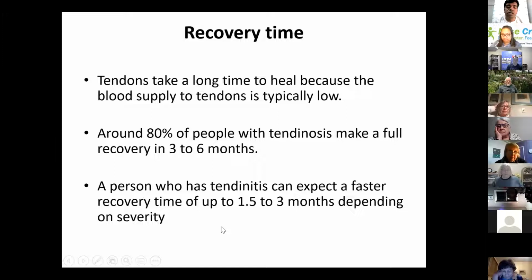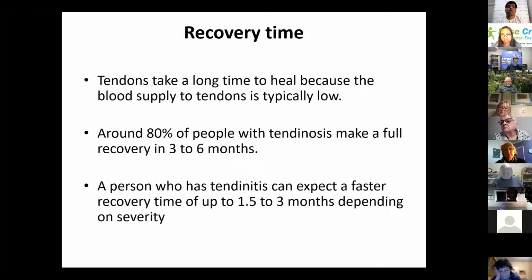In tendinitis, the recovery is faster. It can be recovered within 1.5 to 3 months, whereas tendinosis takes 3 to 6 months. But we need a good rehab program to get back to normal.